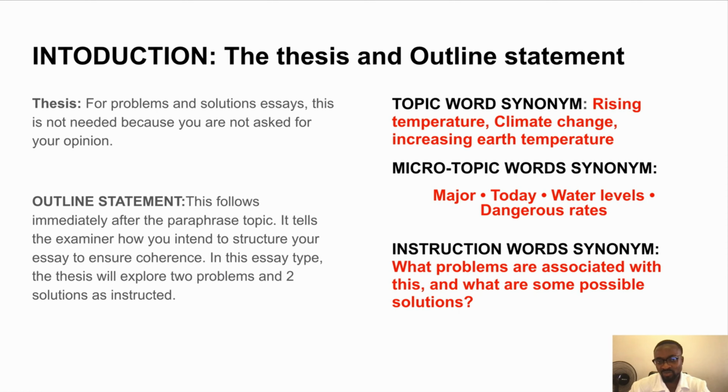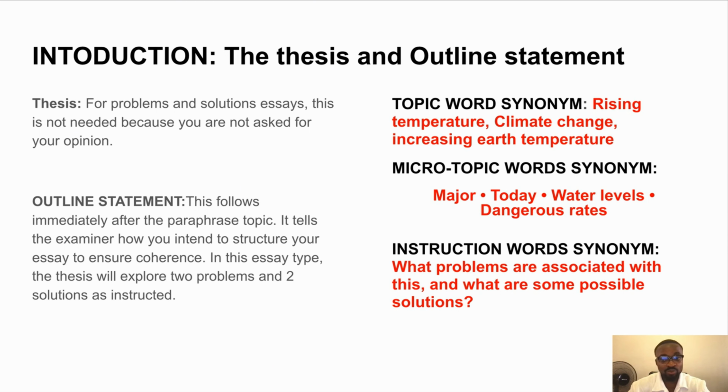Now you might wonder where in the question we were instructed to write two problems and two solutions. If you remember what the instruction words are: what problems are associated with this, and what are some possible solutions. If the instruction came as what problem is associated with this and what is the solution to this problem, you'd be safe if you write just one problem and one solution.